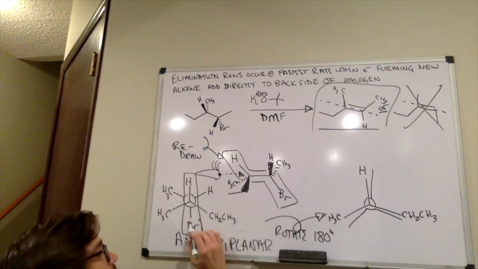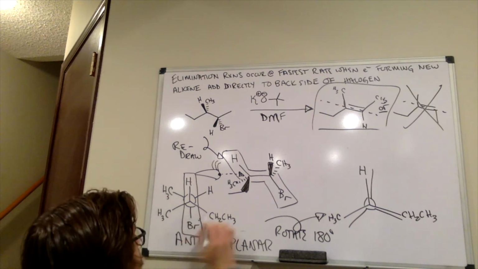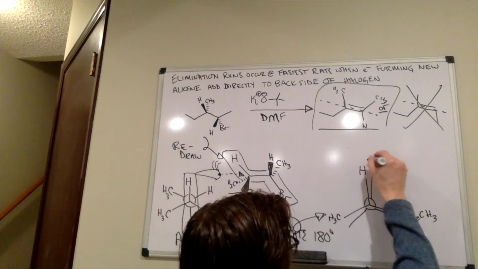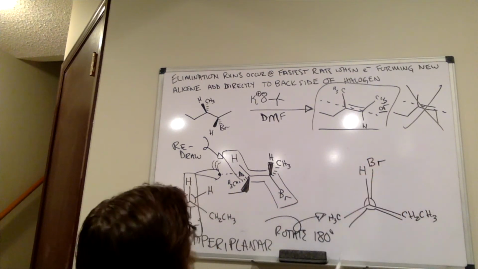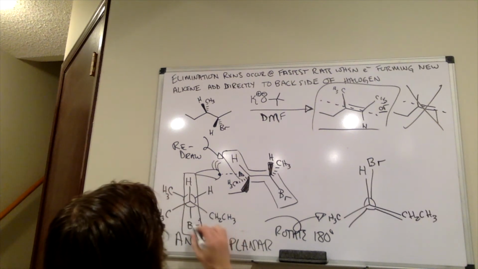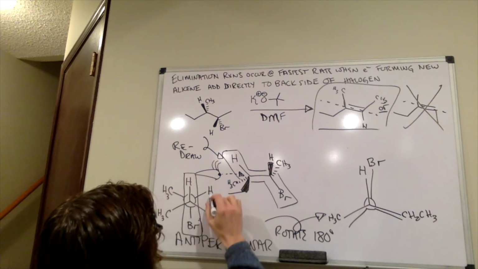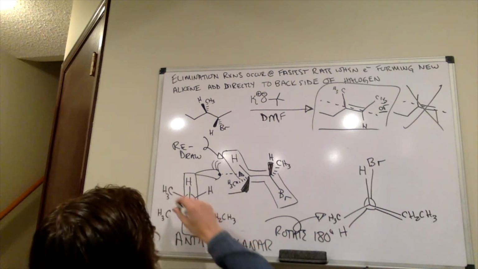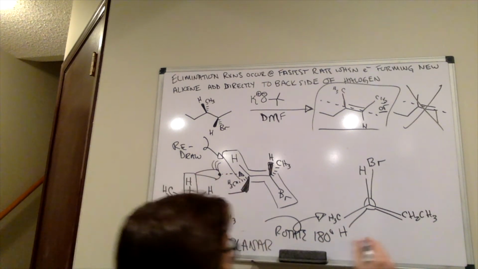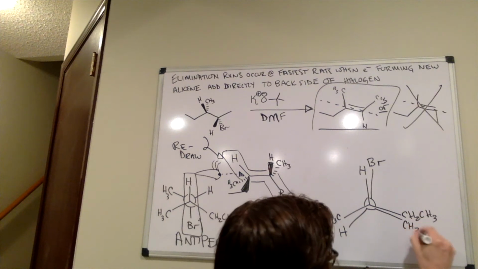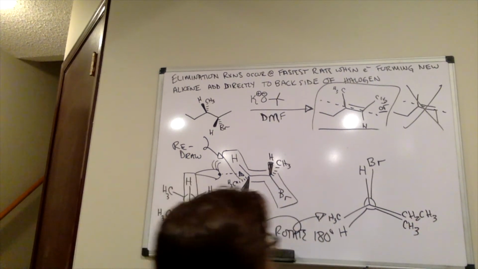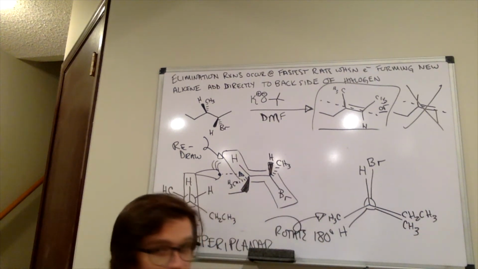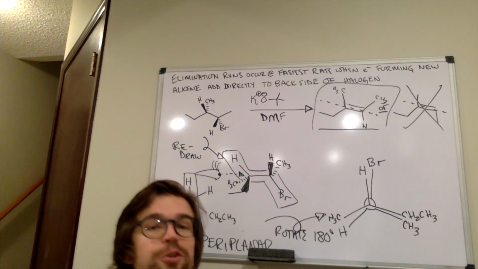And what we did is take that bromine and rotate it 180 degrees. So now the bromine is eclipsing with the hydrogen. This H rotated over there, and this CH3 rotated 180 degrees over there. So this is a different reactive conformation. It can also do that E2 reaction.